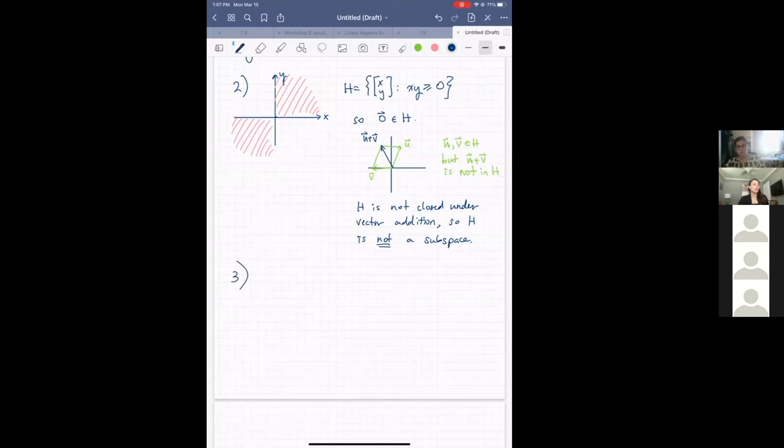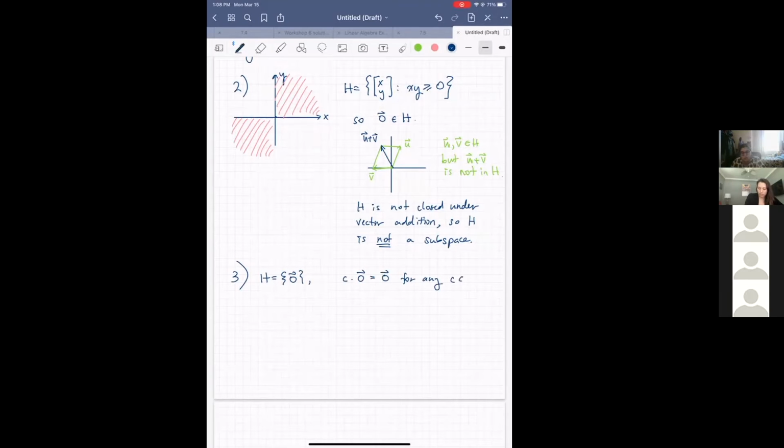Okay. Another example. This one's pretty basic, or simple. If we take H to include only the zero vector, clearly it does contain the zero vector, so that first condition is satisfied. Also, if you take any linear combination, you can only take multiples of 0, and that will always be 0 for any constant.